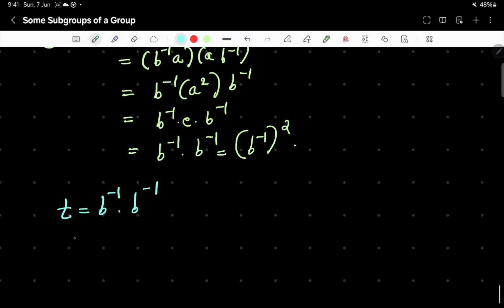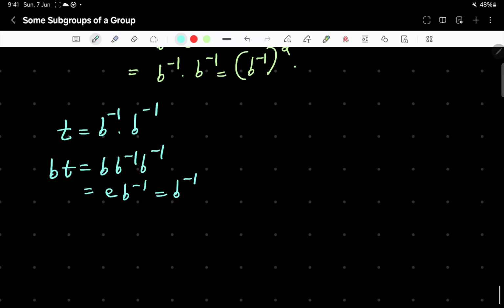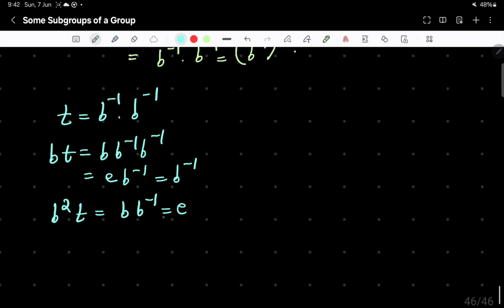Now multiply both sides by B, then what you get is B inverse, so this is B inverse. Again you multiply the left side by B, that is B square T is equal to B inverse B, that is equal to E. So what you get is B square times T is equal to E. That means T is the inverse of B square.